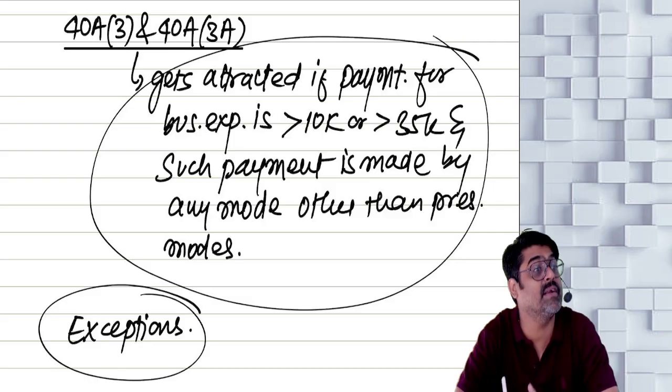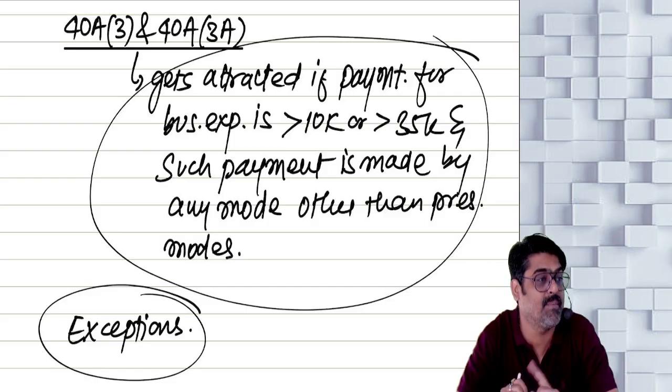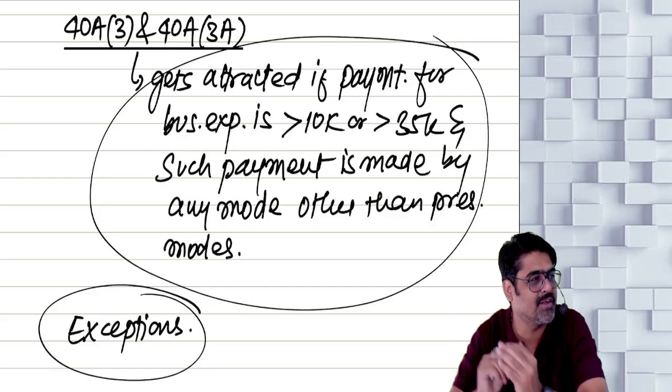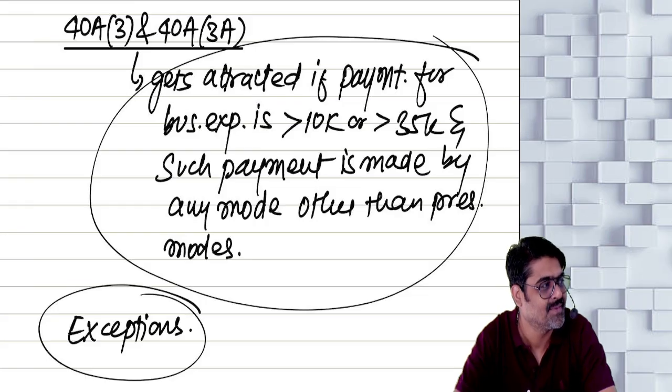Even if the payments are not made by prescribed modes, still the payment will be allowed as a deduction. Still, it will not be treated as deemed PGBP income. There are some exceptions, so you will have to be very careful about those exceptions.